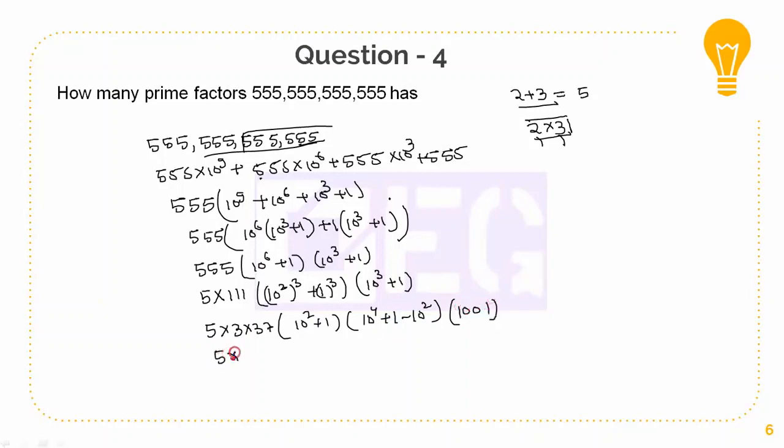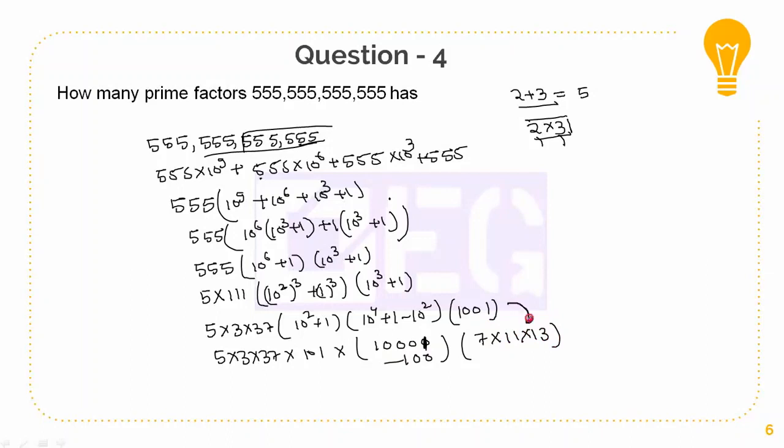So 5 into 3 into 37 into 101 into 9901 into 1001.